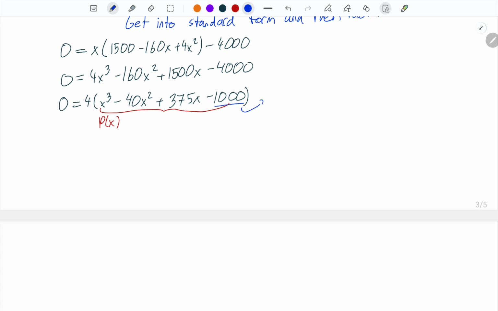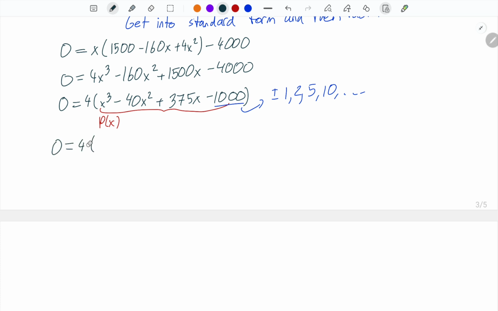The last number, the constant, is 1,000, so check factors plus or minus 1, 2, 5, 10, and so on and so forth. Yes, there's a lot of factors for 1,000. Since we're looking at a length that we're going to cut out, it may be reasonable that this thing shouldn't be too big because our whole aluminum sheet is just 30 by 50 centimeters. So we can't cut out something too big, so we should be able to find something smaller.